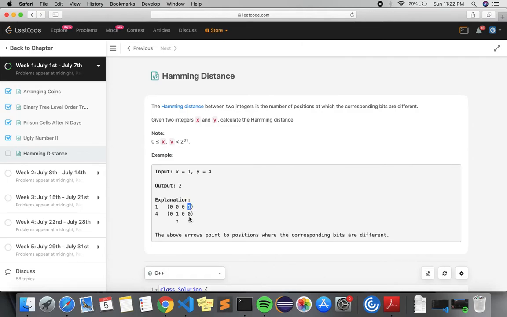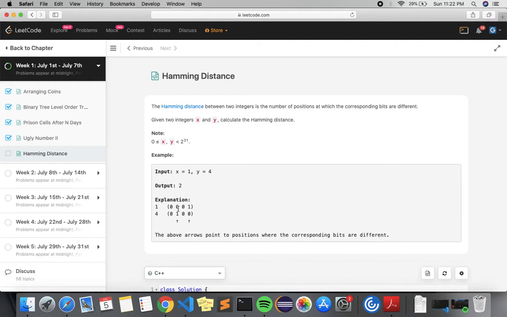Because these last bits are different, we increase our Hamming distance, by the definition of Hamming distance. Then again, for the second last bit, both bits are the same, so we skip this bit.